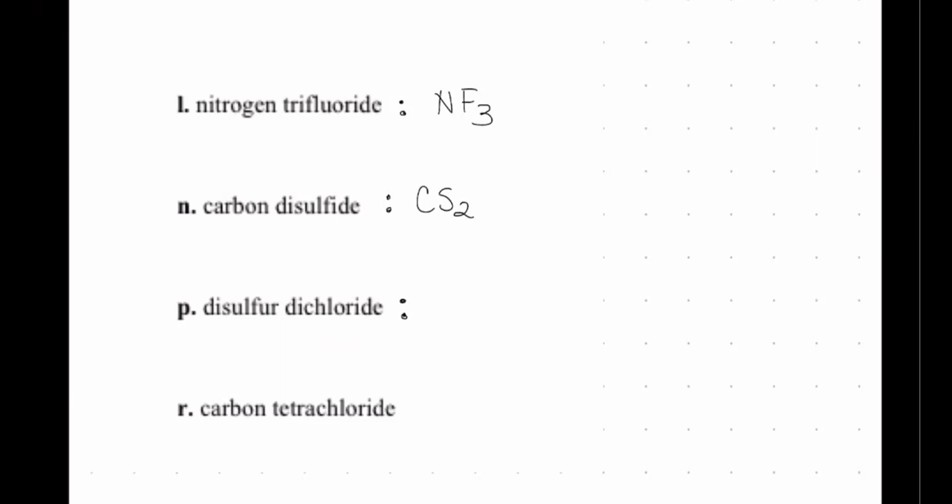Letter P, disulfur dichloride. Excellent. S2Cl2. So this is one of the examples where some students say, oh, but there's a 2 and there's a 2, let me just divide. No, no, no, no. That was never a rule for covalent.